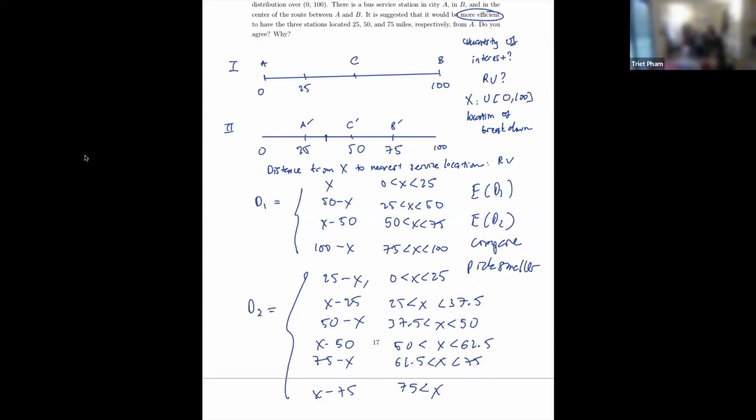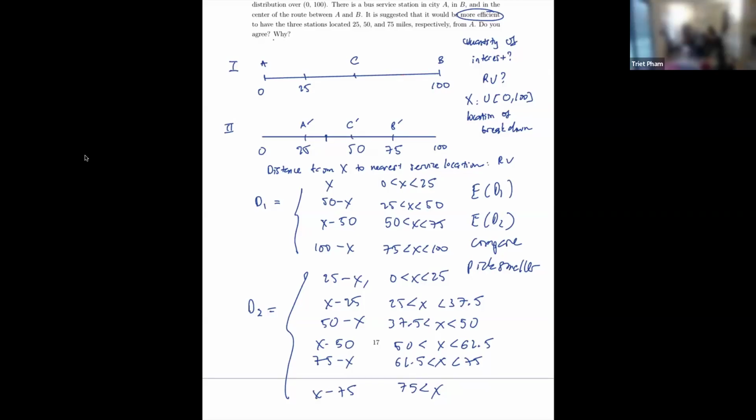Let me explain why the reason has to go through the calculation and justification. The intuition that plan 2 is better highly relies on the fact that the breakdown location is uniform. In reality, the breakdown location probably is not uniform, meaning that maybe it's higher at some part of the road and lower at other parts.